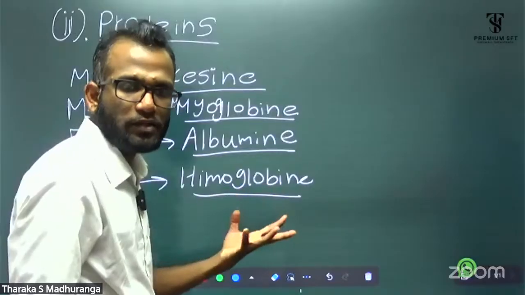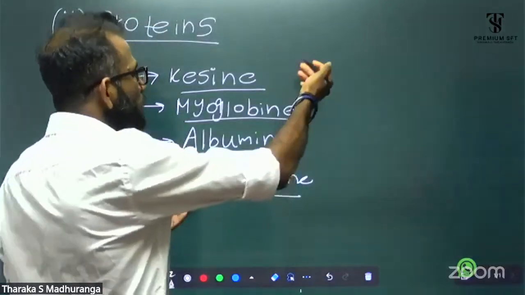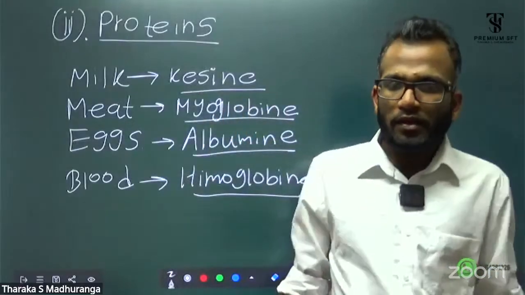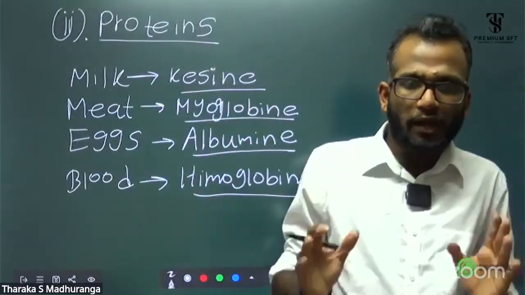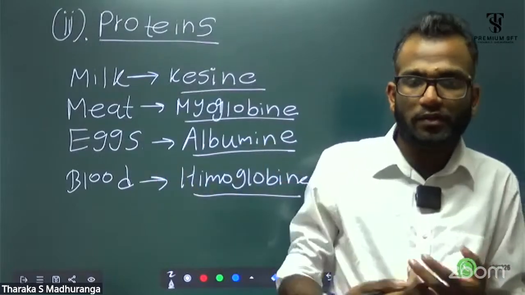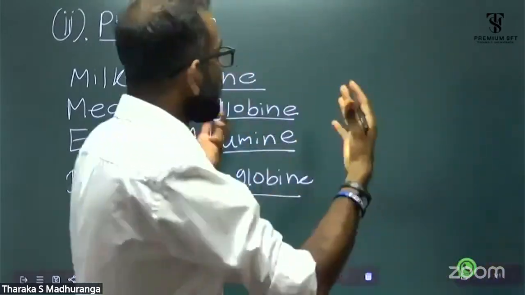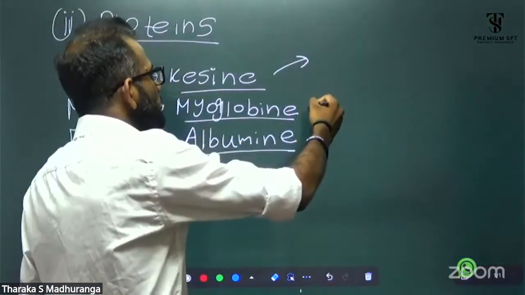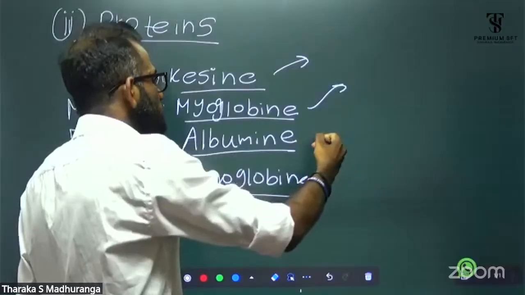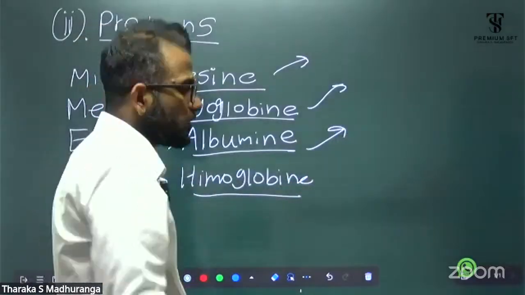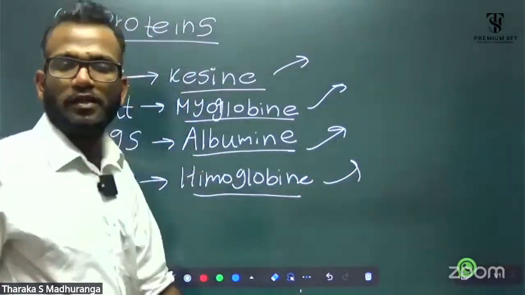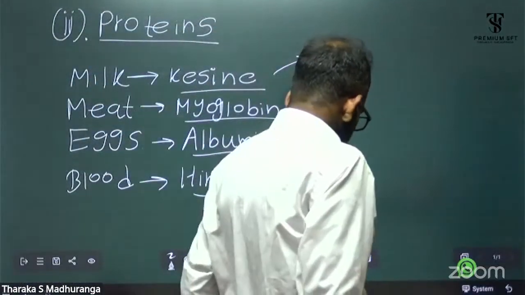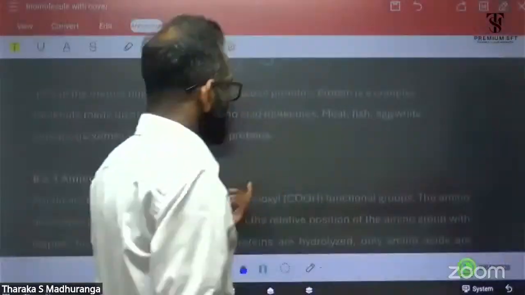When the biological source changes, their names, characteristics, and structures change. The casein structure is identical within itself. Myoglobin is another structure. Albumin is different. So there are different types of proteins.